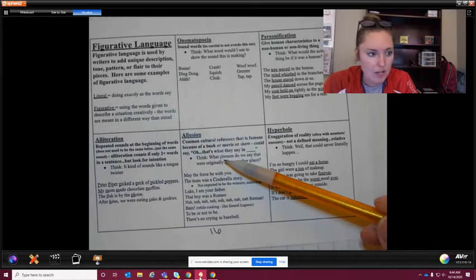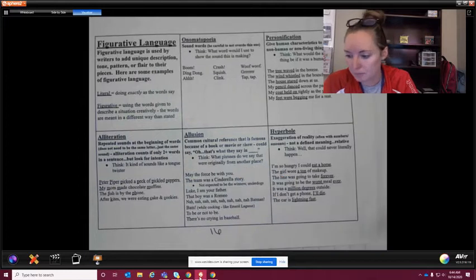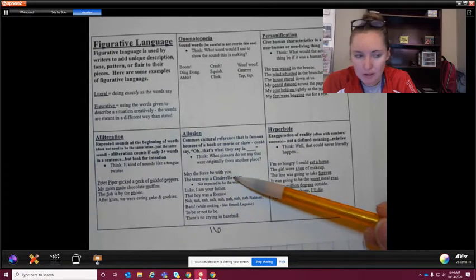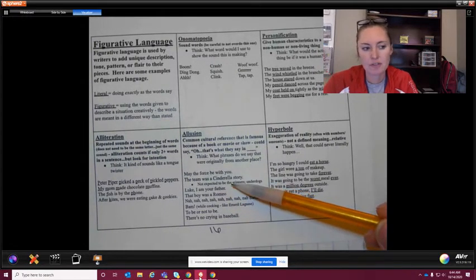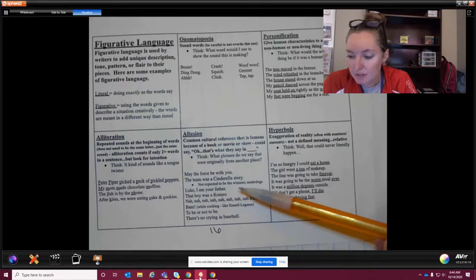All right, allusion. Allusion is when you reference a well-known book or movie to help explain something else. So it says, may the force be with you. A lot of people say that. So they're referencing back to Star Wars, but it's not actually having to do with Star Wars at that time. The team was a Cinderella story.